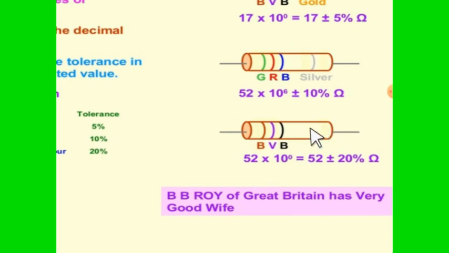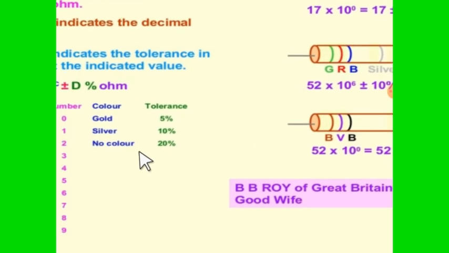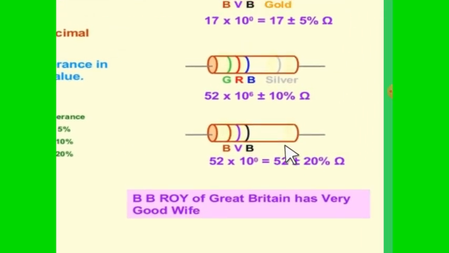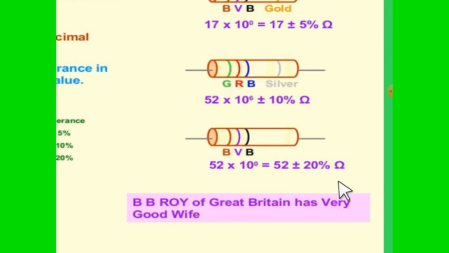No ring means the tolerance is 20%. So you will have 17 plus minus 20%.